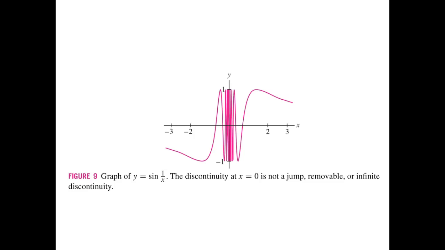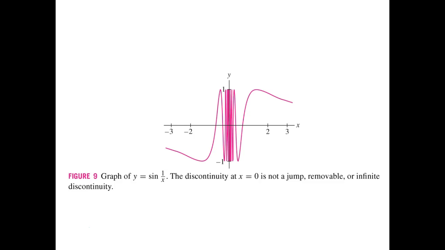So how in the world could you even define what sine is? Because sine just keeps going through plus or minus 1, and as you get closer to 0, it's just getting faster and faster, and it just can't keep up. There is no value of this part at x equals 0, and then how can you have a value of a function of something that has no value? Okay, and that's why it does this.